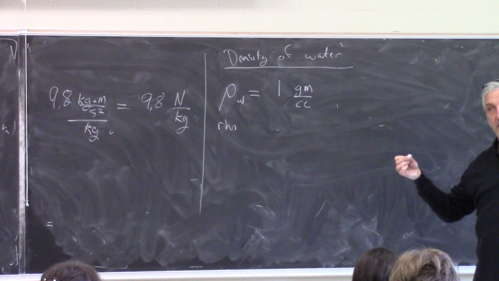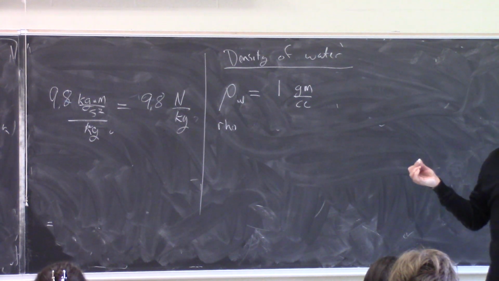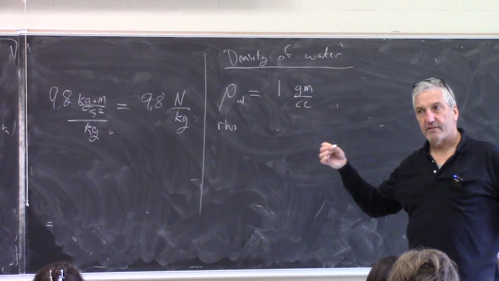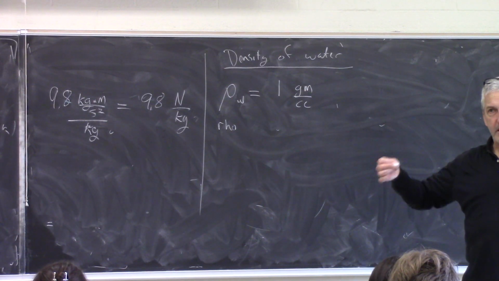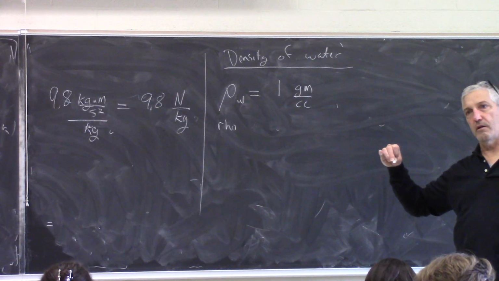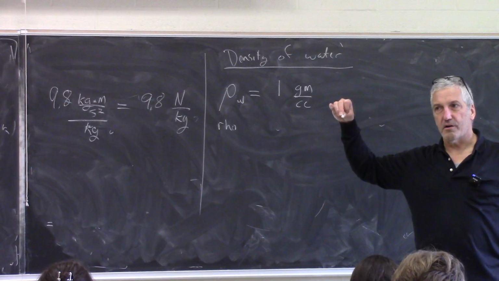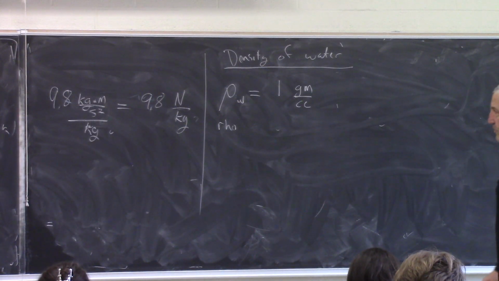So a pint of water weighs a pound. I don't know what the mass is because it's the damn slugs thing. But if you fill up your measuring cup with a pint of water, that's a pound. That's 16 ounces. So when you look at your measuring cup, it's got ounces listed. Well, are they fluid ounces or are they units of weight? Same thing. 16 ounces of water has a weight of 16 ounces or 1 pound. So that's kind of a goofy thing.